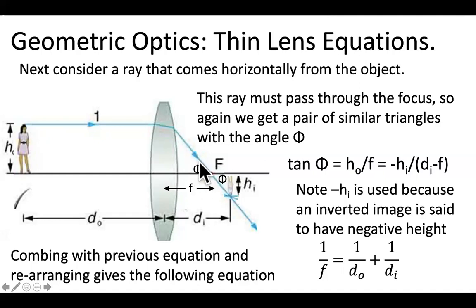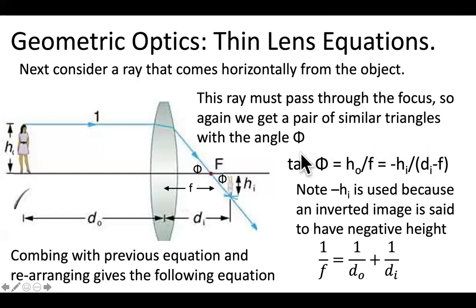So we can define another angle here, phi, if you like to call it something. The tangent of phi is h naught over f, or hi over di minus f. So we have another relationship between the heights. Now it involves the focal length and the distance to the image.